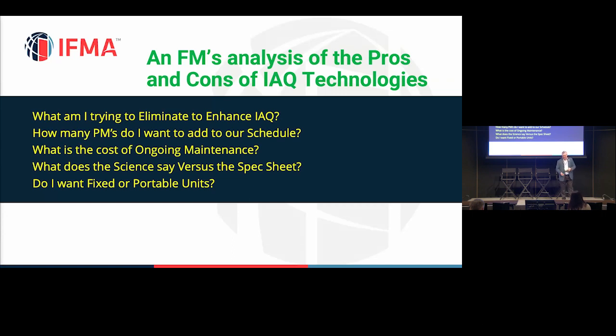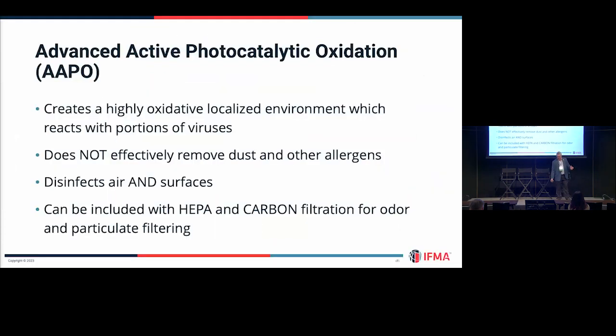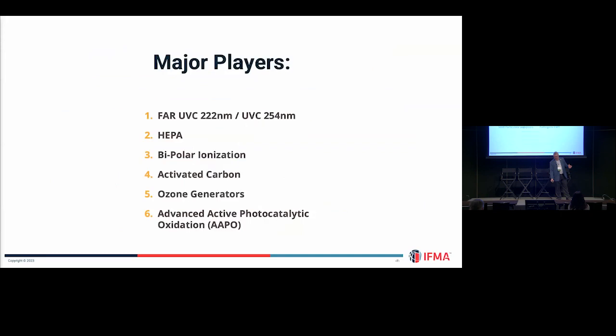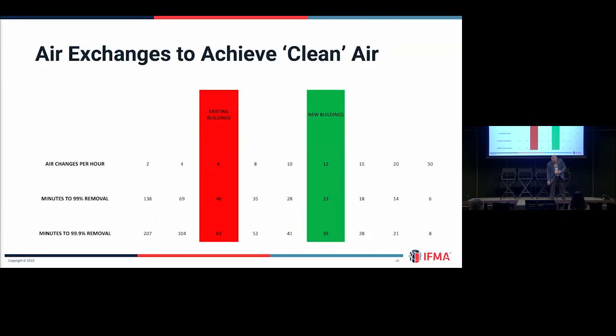Yeah, we can go back to that slide on air turns. Do the calculations. If you've got 100,000 cubic feet in your building and 400 CFM, and you've got to have 35 turns in an hour, how much equipment do you have to have on your roof?